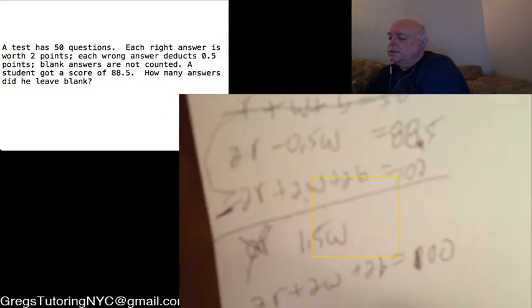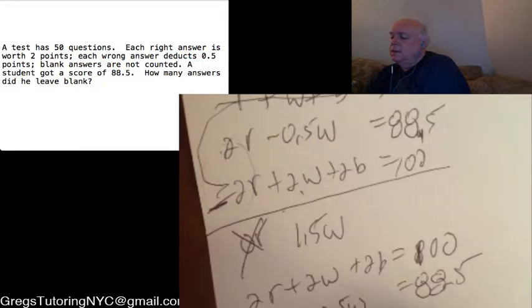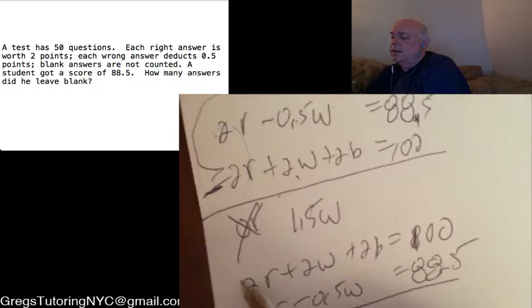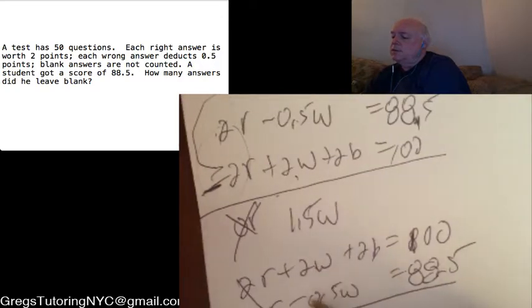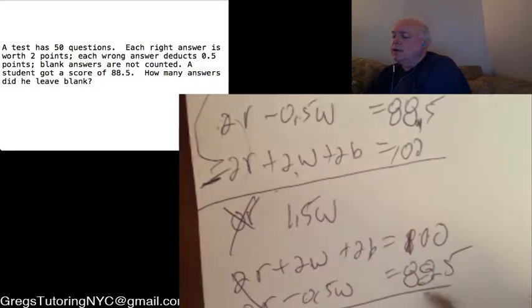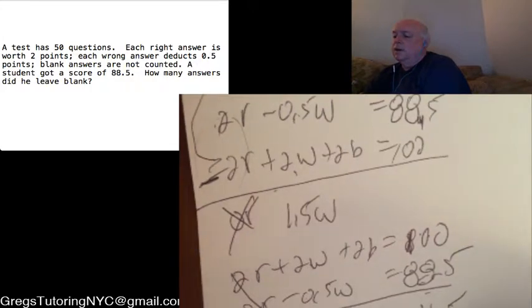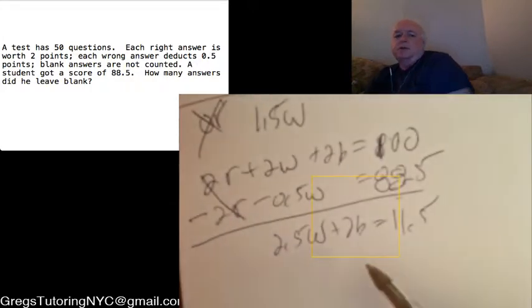And the other was 2R minus 0.5W equals 88.5. Okay, so if we subtract the two of these, the 2R cancels out. We get 2.5W plus 2B equals, and if we subtract this, we get 11.5. Okay, so now we're stuck with something like this.